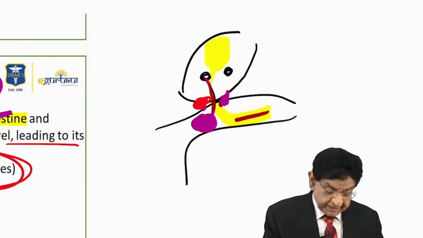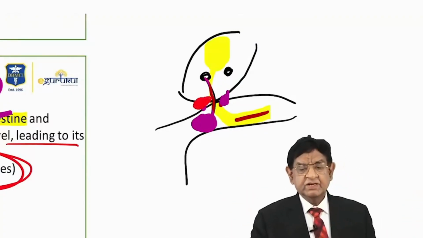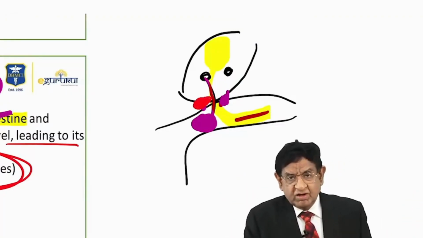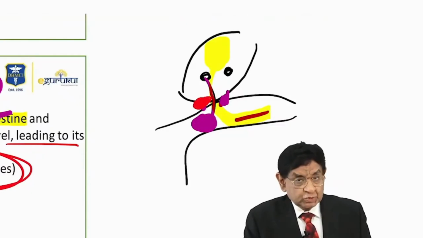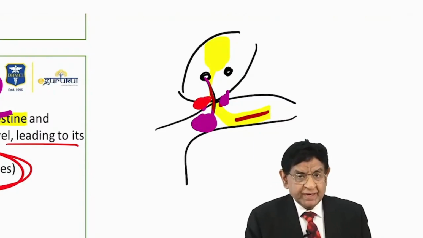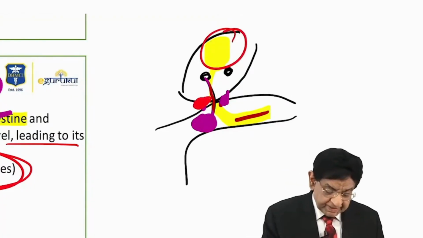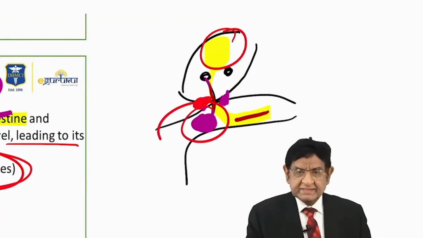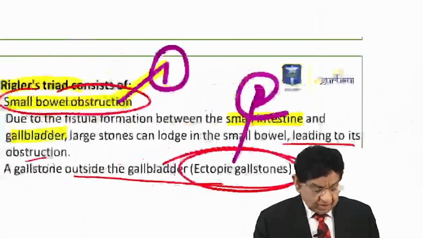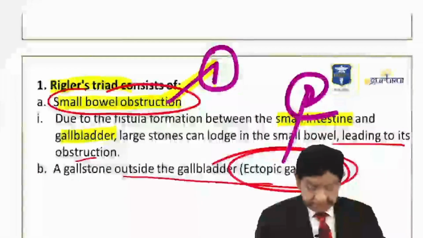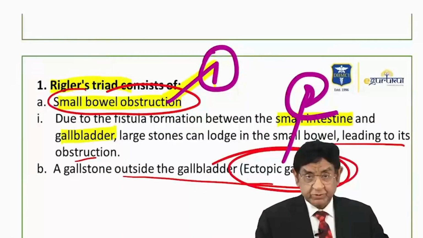So you can find it is just hanging or just staying outside the gallbladder, so-called ectopic gallstones. So now you can understand why and how ectopic gallstone will be there, why air will be there, and why intestinal blockage will be there, and they together are known as Rigler's triad. Okay, I hope you are clear about it.